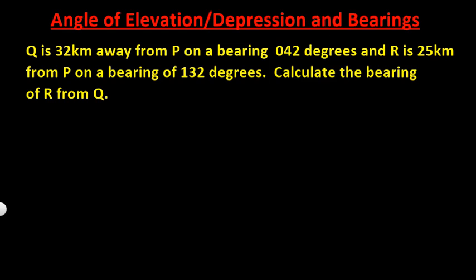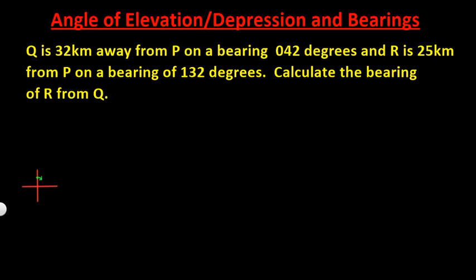So if we are to sketch this, it is similar to saying the point P somewhere, because the bearing of Q is from P. So the bearing is said to be on 42 degrees. That's reading from this. 42 is somewhere here.